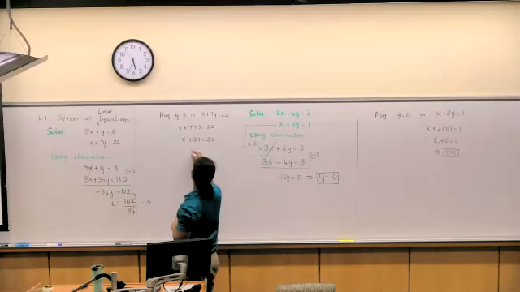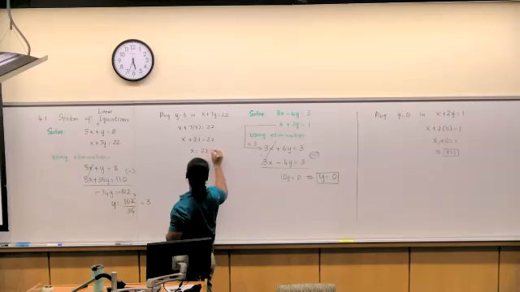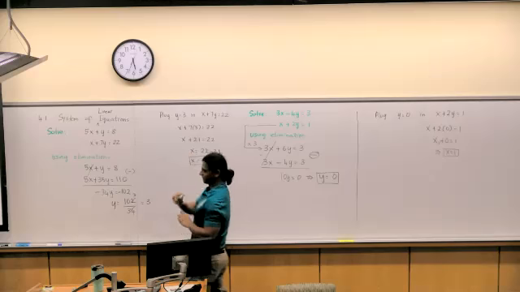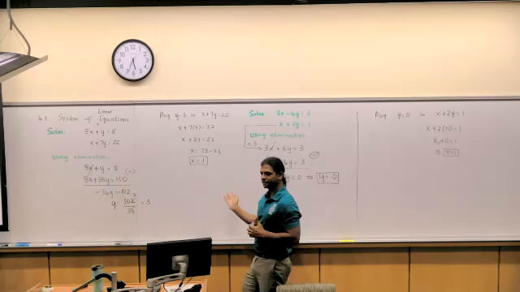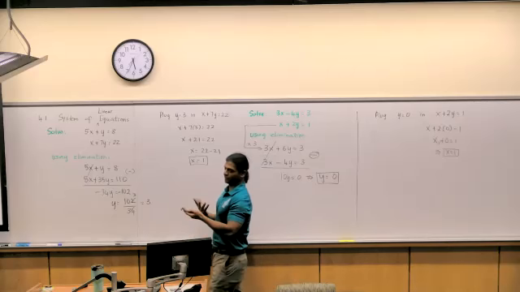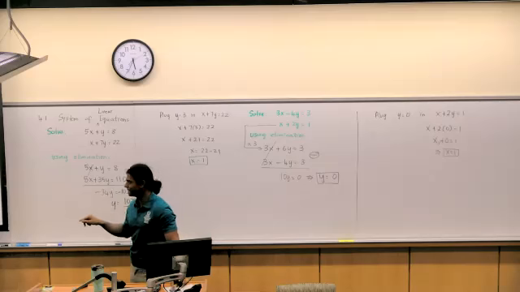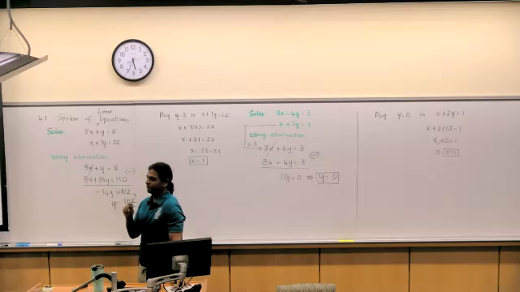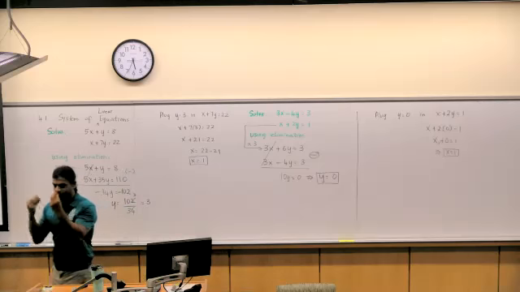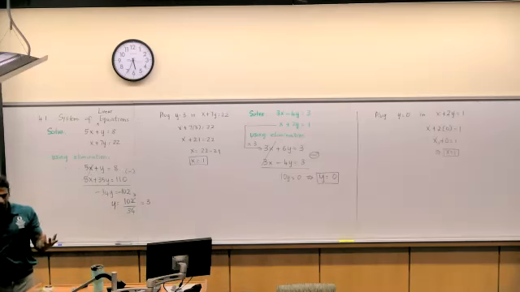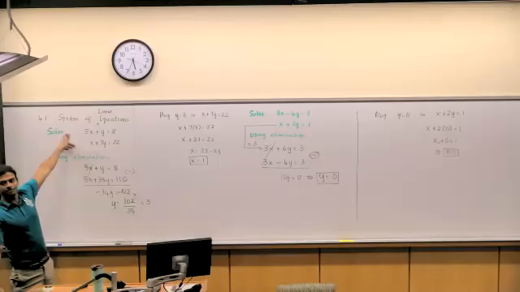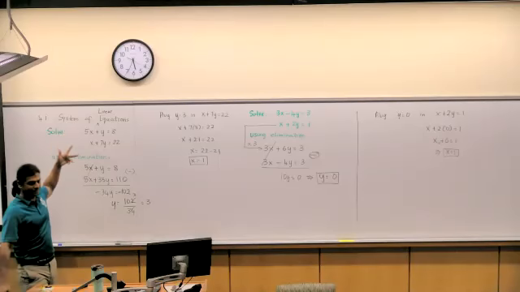Move that 21 to the other side. 22 minus 21, which will give you x to be 1. x is 1, y is 3. The solution is (1,3). And (1,3) simply means a point, an xy pair, and that is the point where these two lines do what? Intersect. Okay.